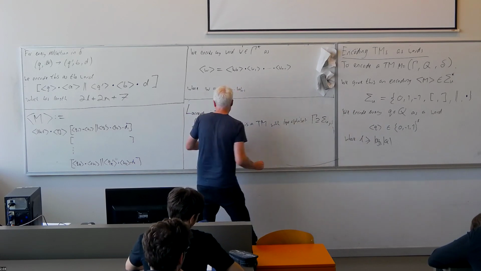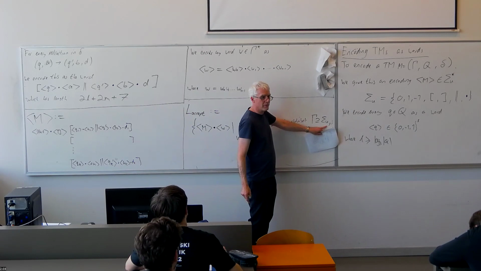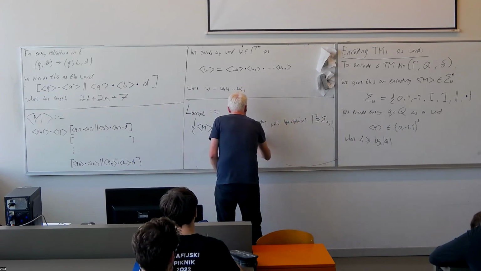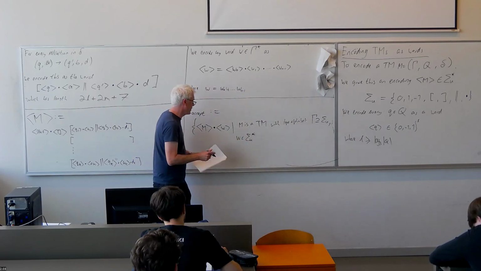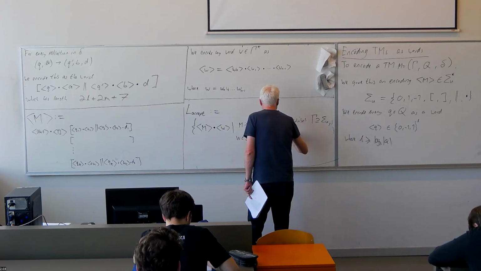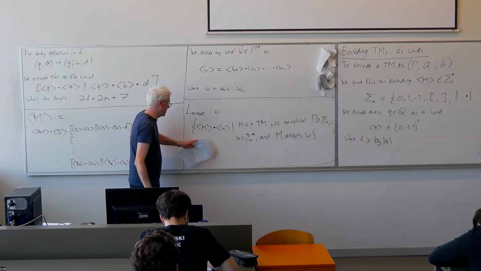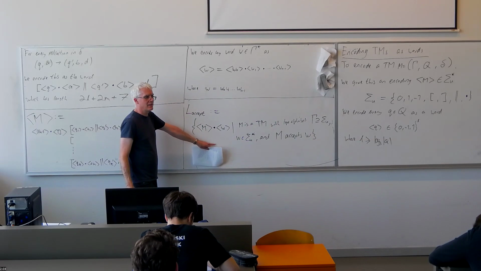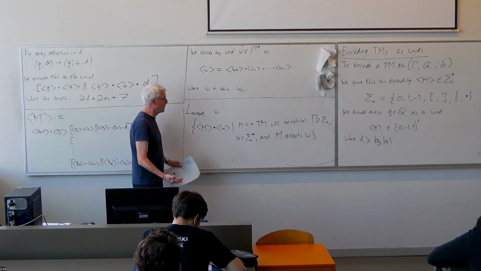W, we want that because we want W to be a word over sigma u. So W is a word over the alphabet sigma u, so a member of the set of words over the alphabet sigma u. And importantly, M accepts W. If you run M on input W, then the computation terminates and it terminates in the accept state. Okay, so that is a perfectly legitimate language.